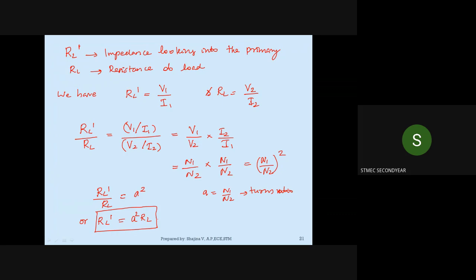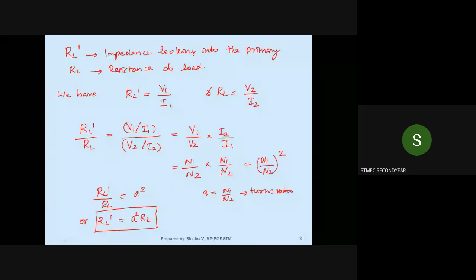Here, what we can implement is that for maximum power transfer from the collector to the load, the load resistance should be equal to the source resistance. It depends upon the turns ratio.